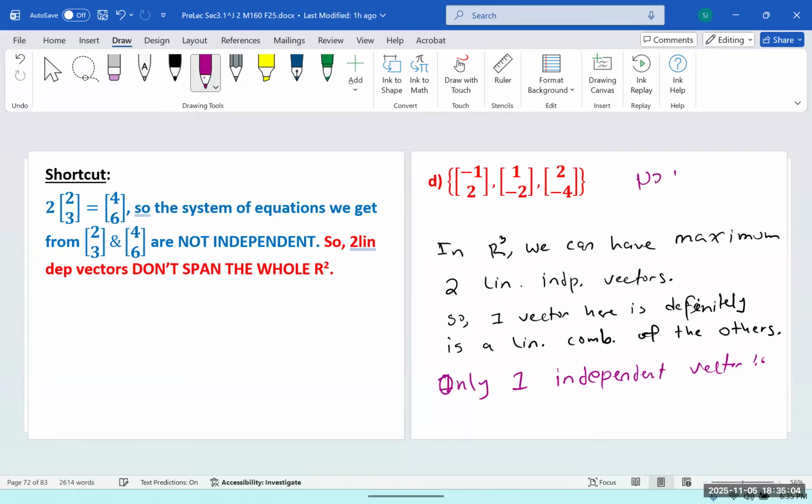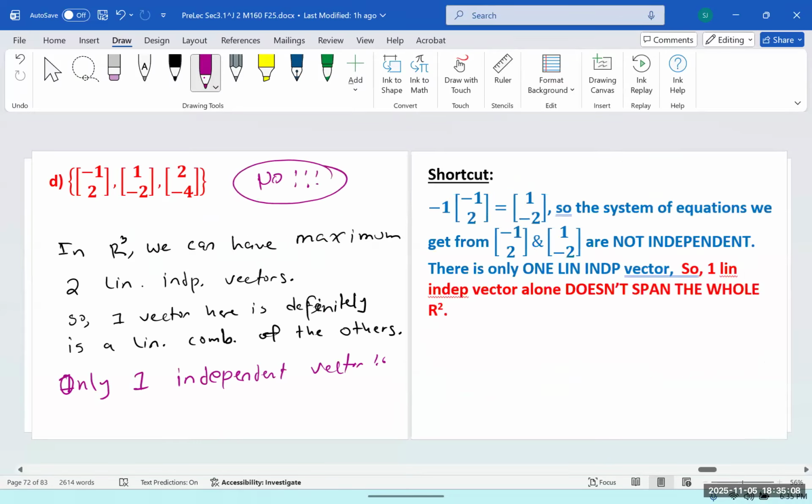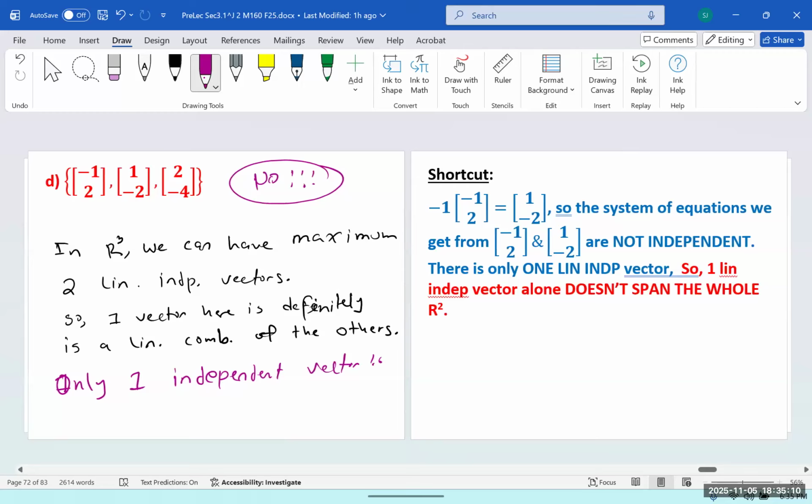So the answer is no. The system is not independent. There's only one independent vector. Only one of them is independent, because every space has to have something, right?